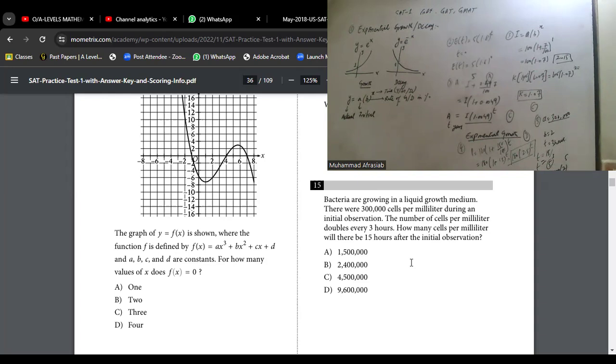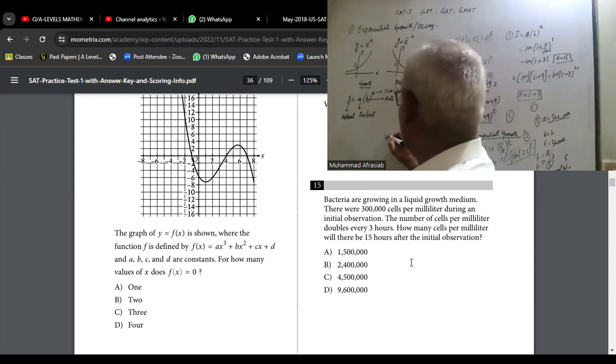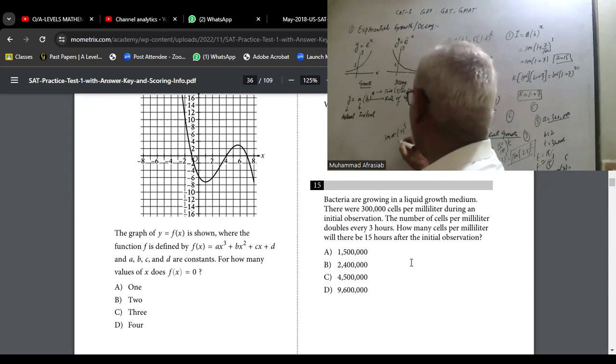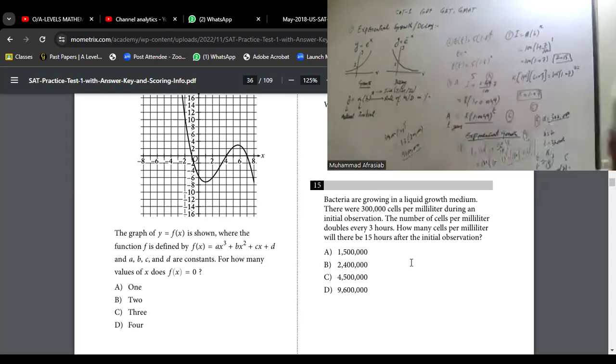So this is equal to 300,000 into 2 power 5, that is equal to 32 into 300,000. So it should be equal to 9,600,000. Yes, so D is the choice for this question.